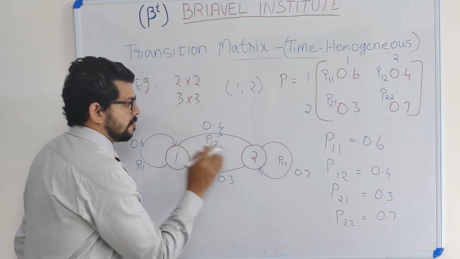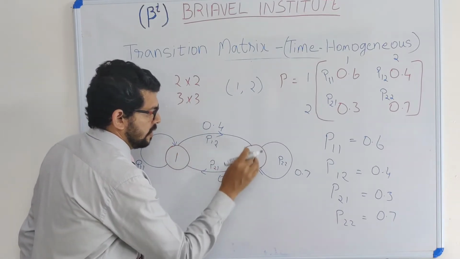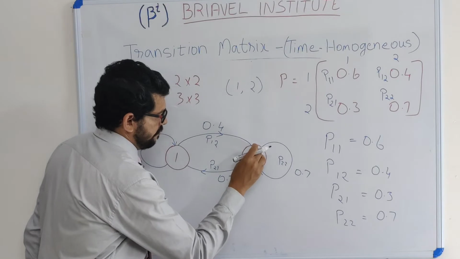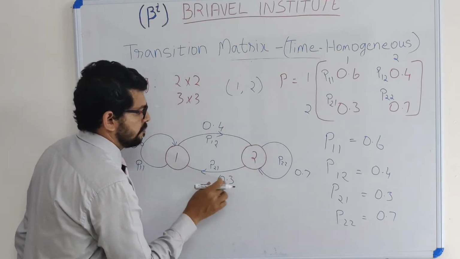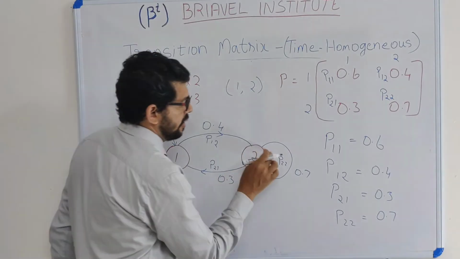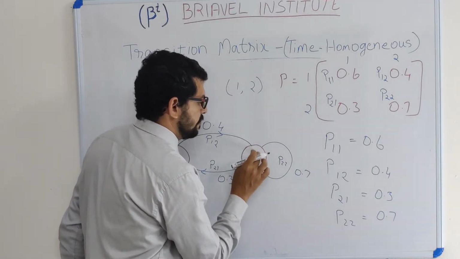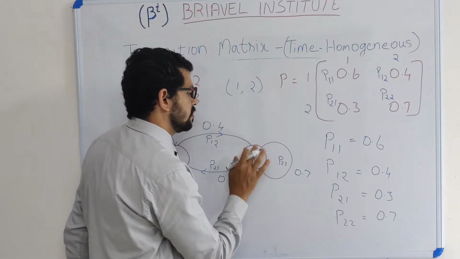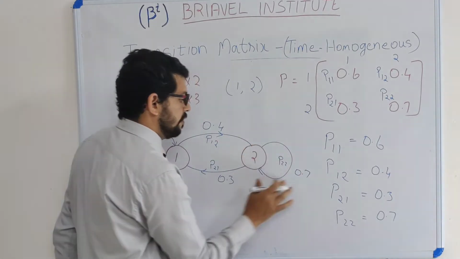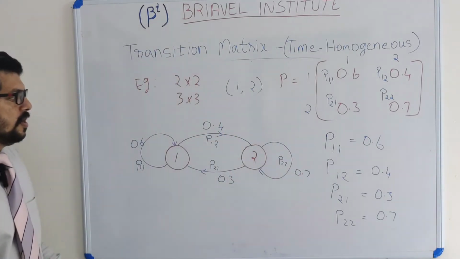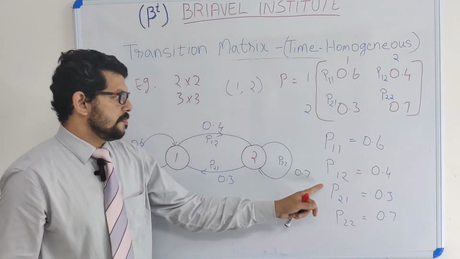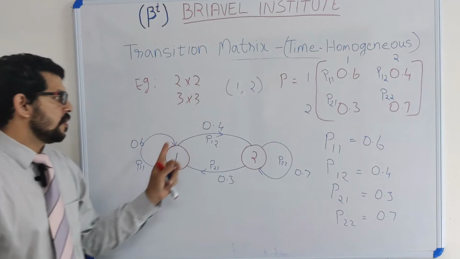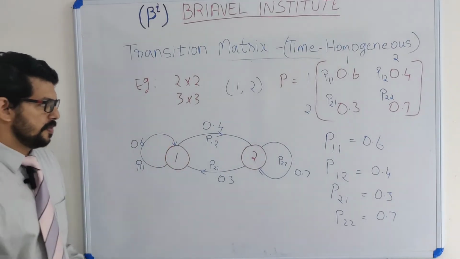P of 2 1 means we are in state 2 and move to state 1, with probability 0.3. And P of 2 2 means we are in state 2 and continue in the next transition also, with no change. So we learned about the transition matrix, transition probabilities, and we drew the transition diagram.